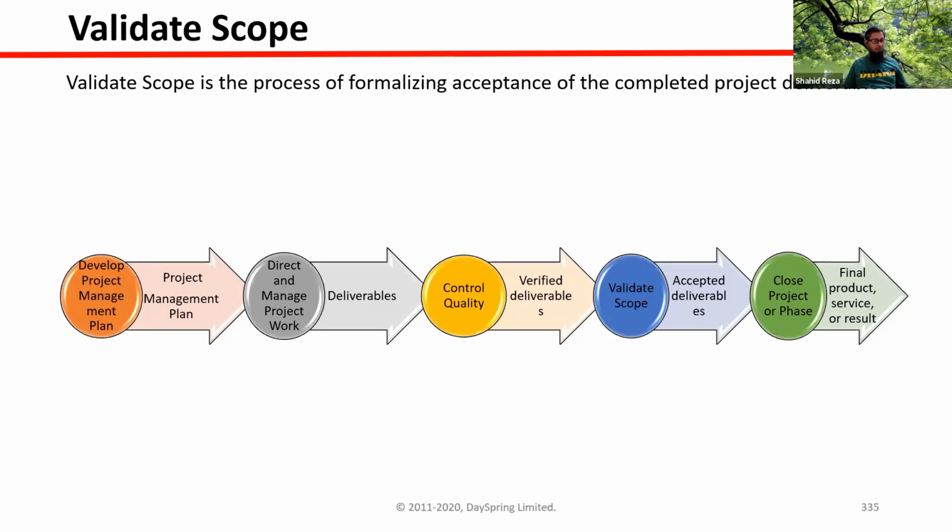In this chapter, we have two processes left. One is validate scope, the other is control scope. So we'll start with validate scope. For today, we are finished. If you have any questions, you can ask me. I will be available here for 5 minutes.